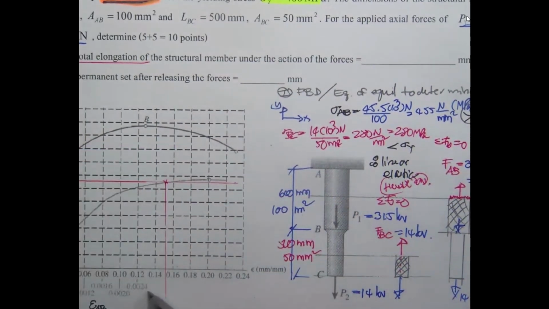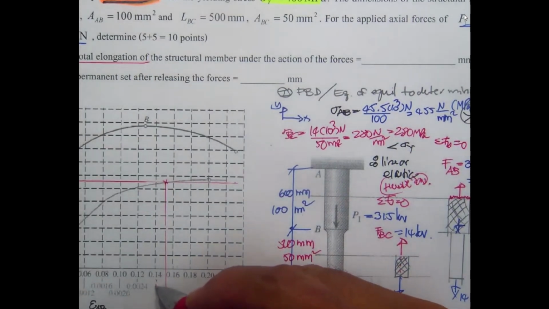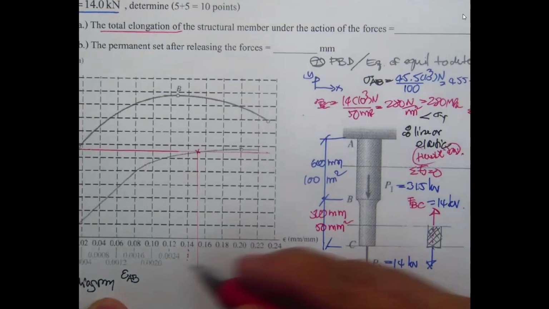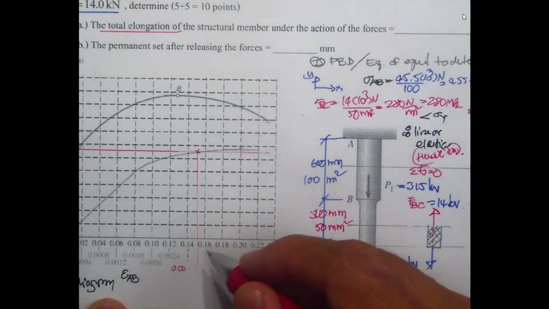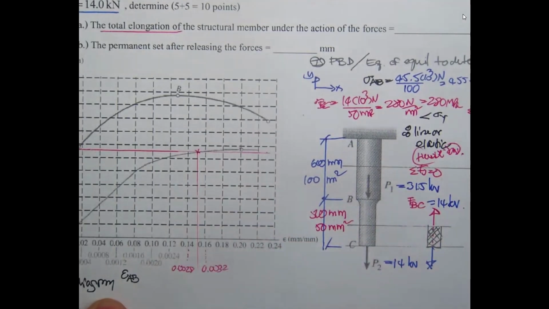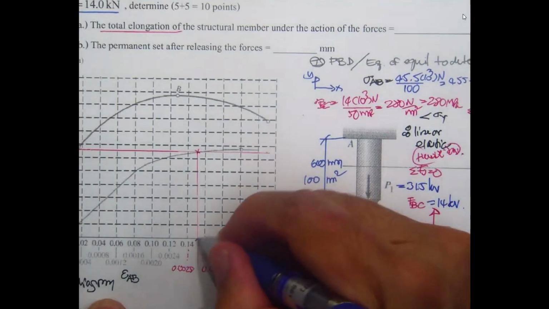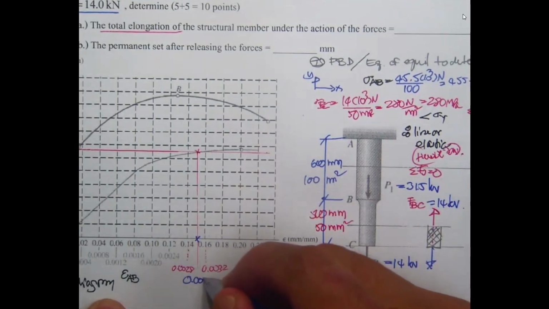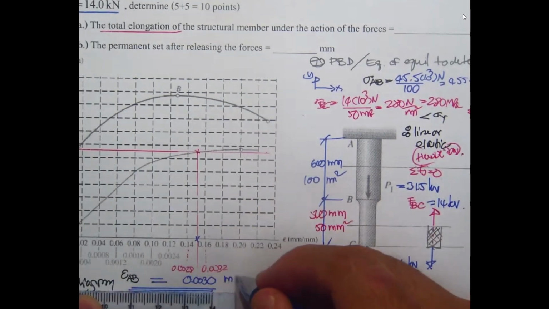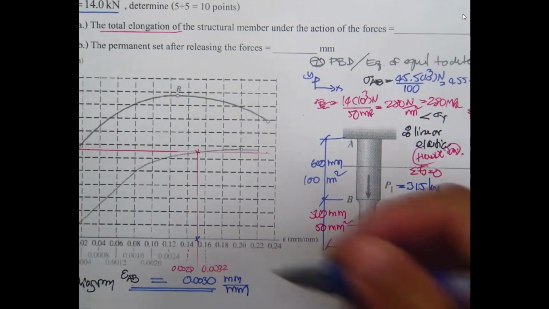This one is not going to be directly readable, so you have to extend it to this one, which is 0.0028, and this one 0.0032. So in short, you may say this is 0.0030 for the strain at A, millimeter per millimeter.